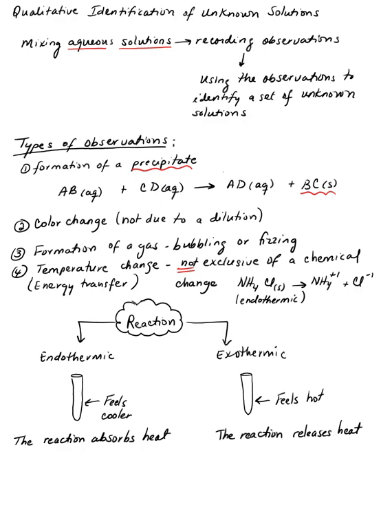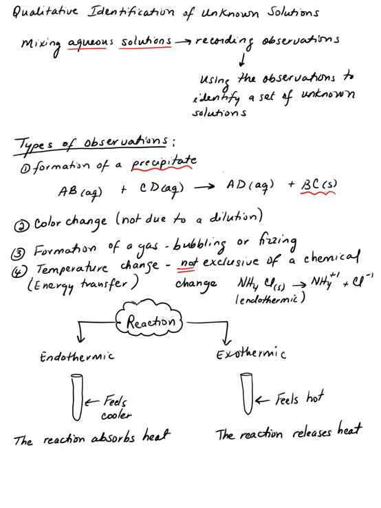So I have in number 1, formation of a precipitate. I have an example. You're mixing 2 aqueous solutions, AB and CD. Now those aqueous solutions are going to give you ions in solution, and then with your ionic exchange, which is something that you will see in the next video, you will get your products AD and BC.